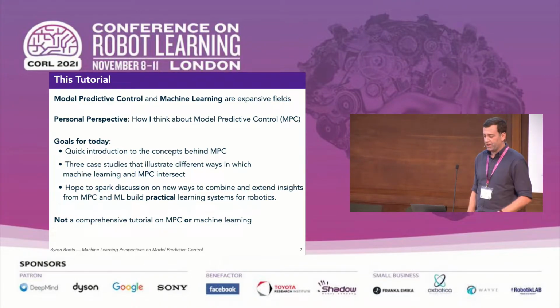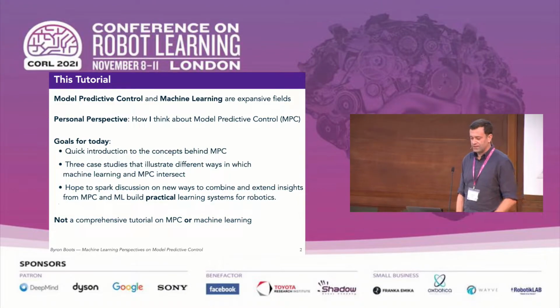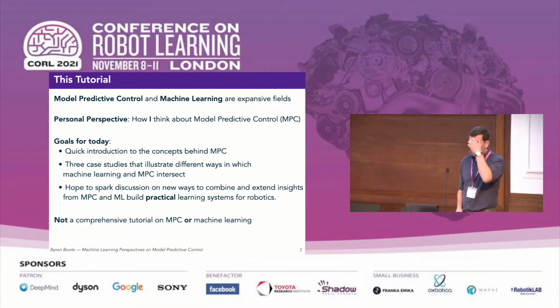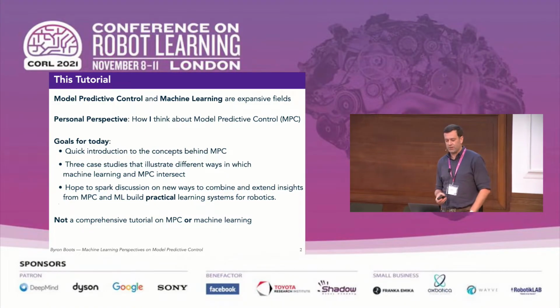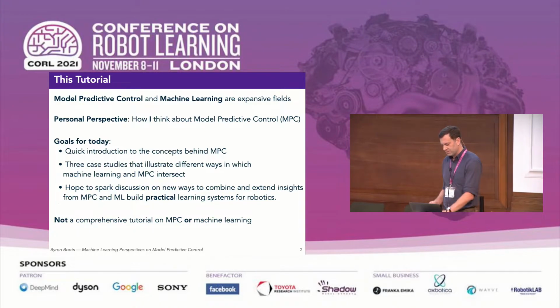My goals are to provide a quick introduction to the concepts behind MPC, so I'm going to do that first. And then I'll present several case studies which show really different machine learning perspectives on model predictive control. My hope is that this opens the door to discussion, new ideas, and new ways of thinking and building better learning and control algorithms for robotic systems.